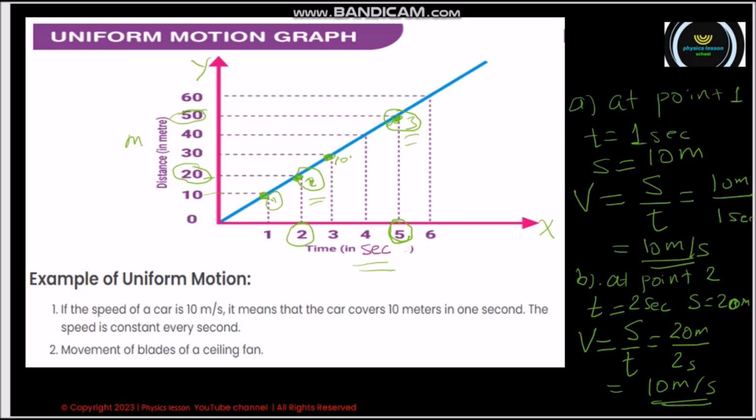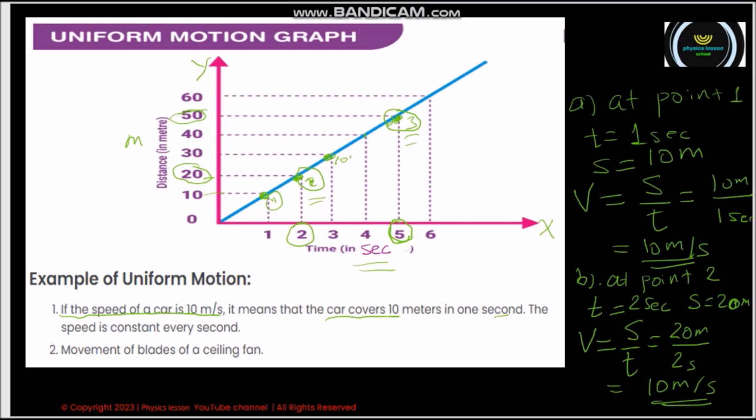Again here 40 over 4 seconds, 10 meters per second. The speed is constant. Here it's written, if the speed of the car is 10 meters per second, it means that the car covers 10 meters in 1 second. The speed is constant every second.